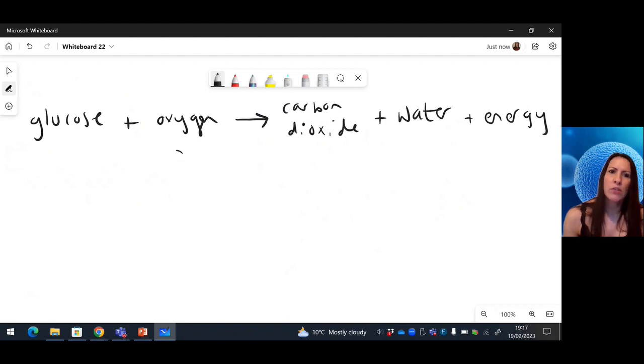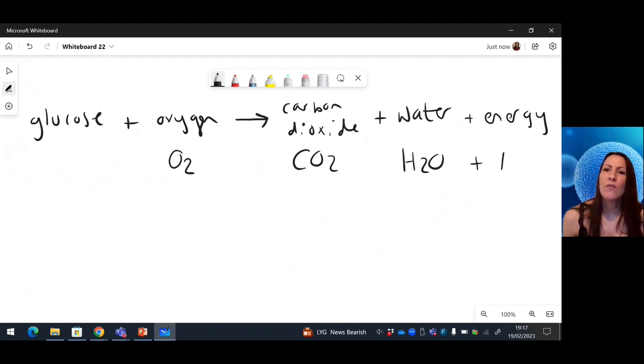Sometimes you'll see oxygen as the symbol O2, CO2 for carbon dioxide, H2O for water, and the energy is in the form of ATP, adenosine triphosphate, a molecule. You might see it written out in full words, or you might see it written out in symbols.